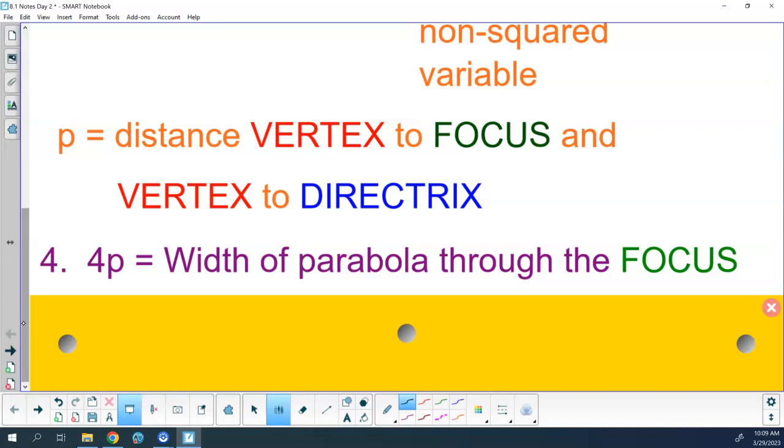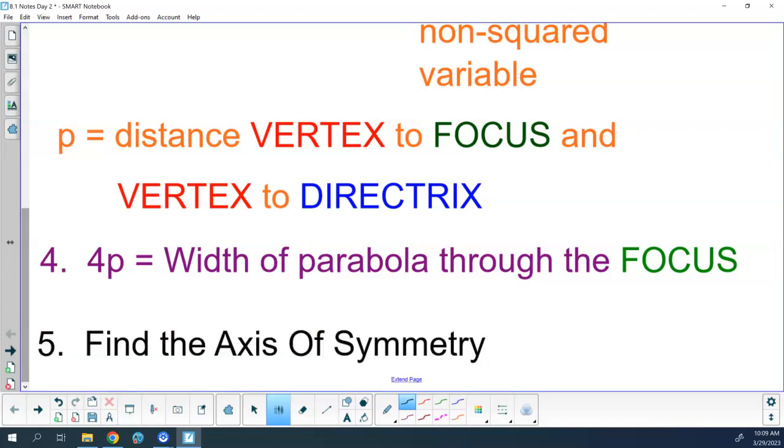Through the focus. Surprise. Okay. And our last step, step number 5. Find the axis of symmetry, right? And the axis of symmetry is the line that connects the vertex and the focus. It's perpendicular to the direction. Okay? All right, let's do one.